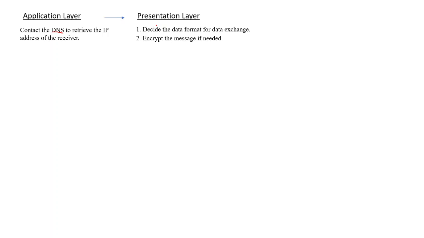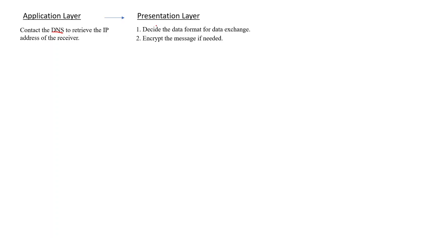Now in the presentation layer, the main thing it does is to decide the data format for the data exchange. Each of the computer systems that exist is free to choose its own data format. But the problem is, when two computers interact, the data format used by this computer might not be understood by the other computer.